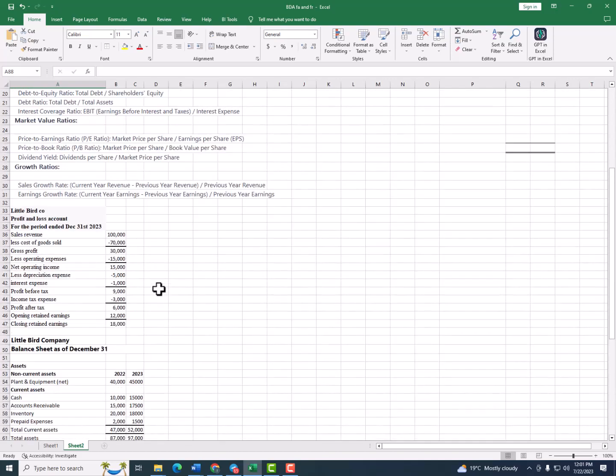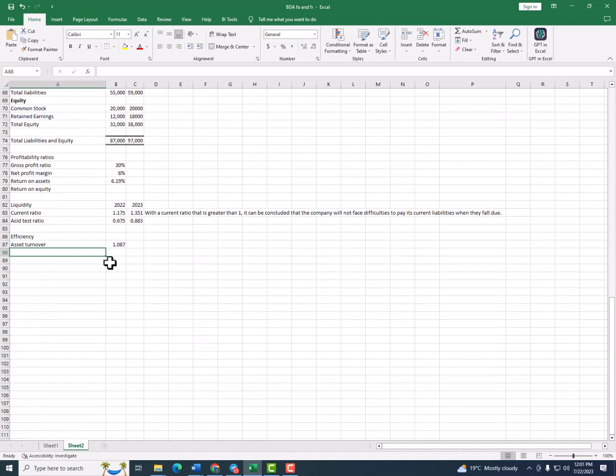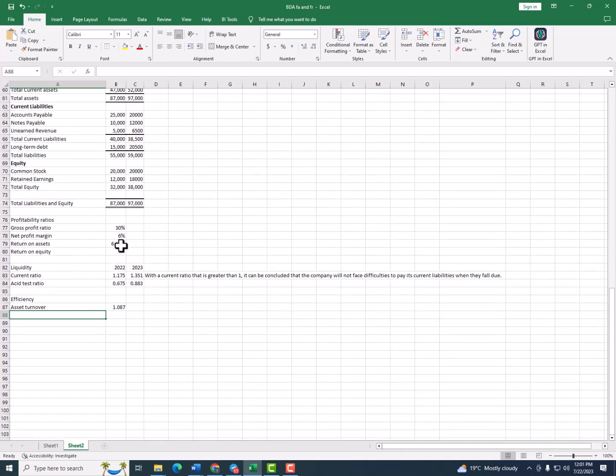You can be asked to interpret this, and the way you interpret this, you can say, with that asset turnover of more than 1, it implies that the company has been fairly efficient in using its total assets to generate revenue.